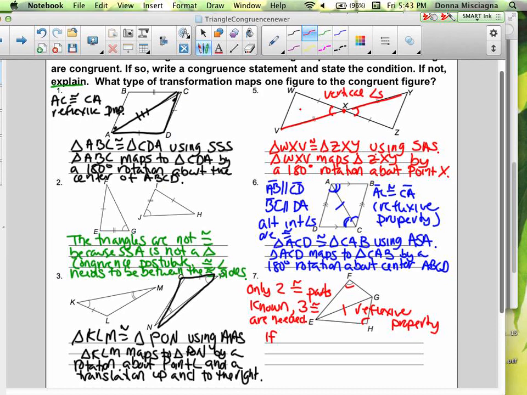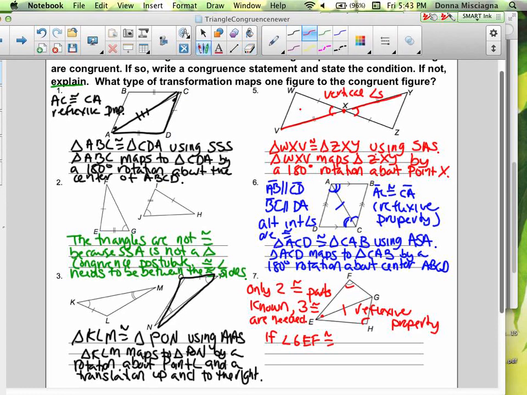What if either of the angles, so if angle GEF was congruent, so that would be this one here, right? Sorry, GEF, I was thinking that one, but I said this one.